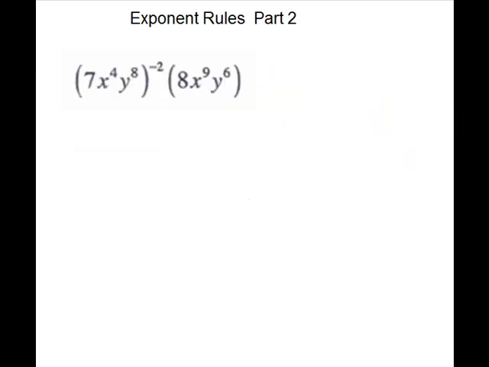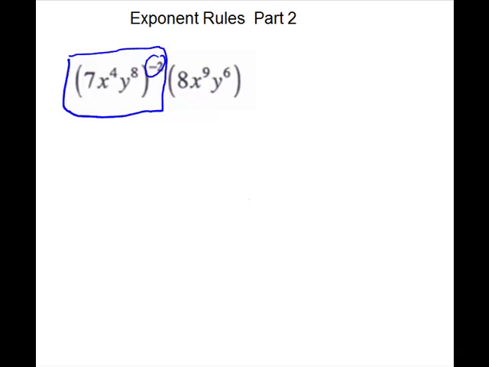For this next problem, there certainly is more than one way to do it, and it's going to be a multiple step problem. We would need to take care of getting the parentheses off. I am going to choose to shift the entire first parentheses to the denominator for this outside exponent.